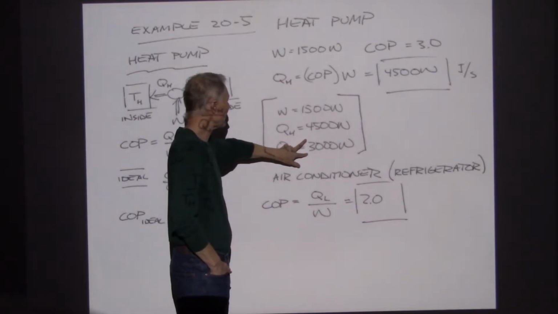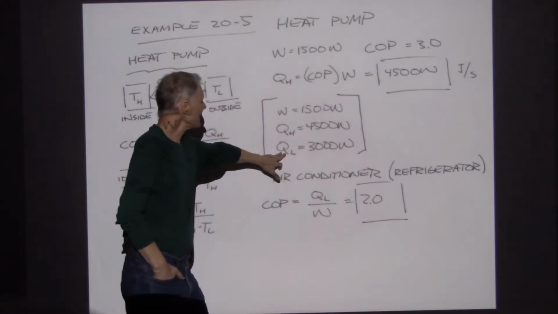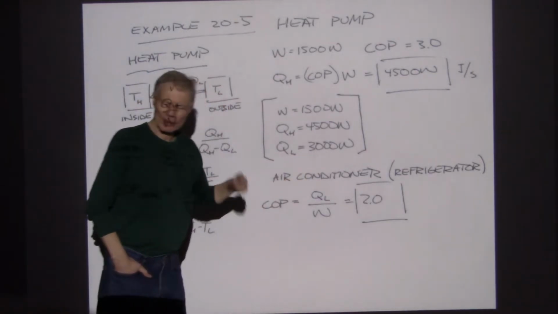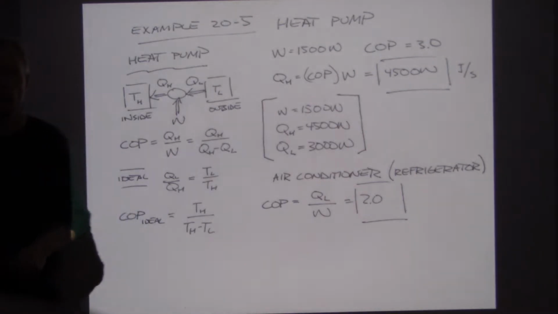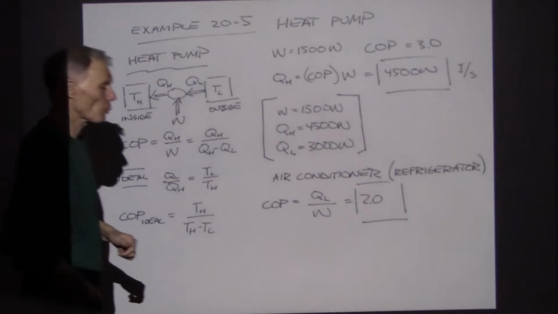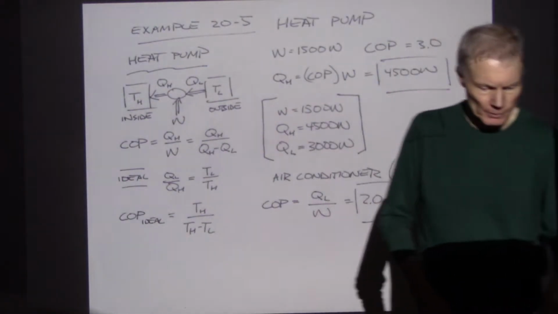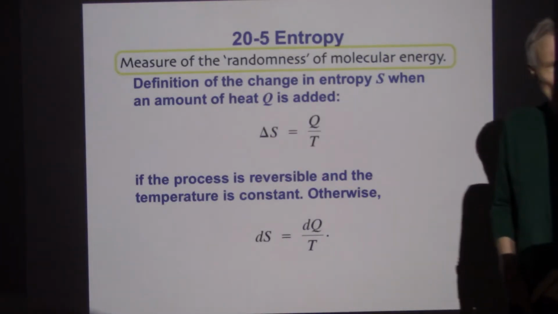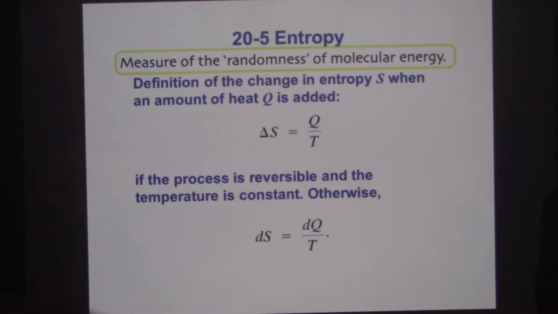But when we're pumping heat out, the inside of the house is the low temperature region, and for that we're only able to pump out 3,000 joules per second. That's the way the numbers work. But heat pumps, they're the best. They're everywhere.